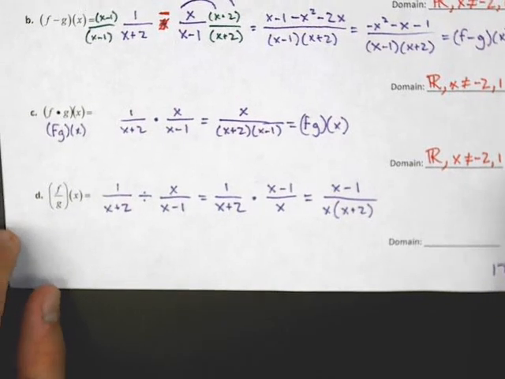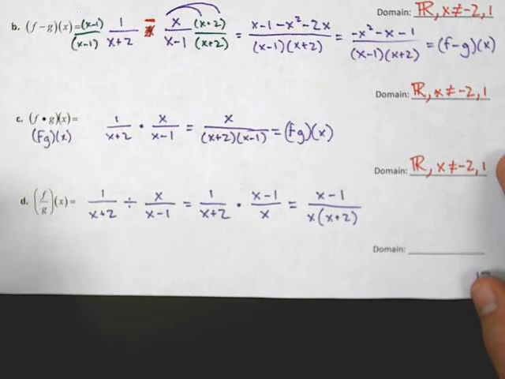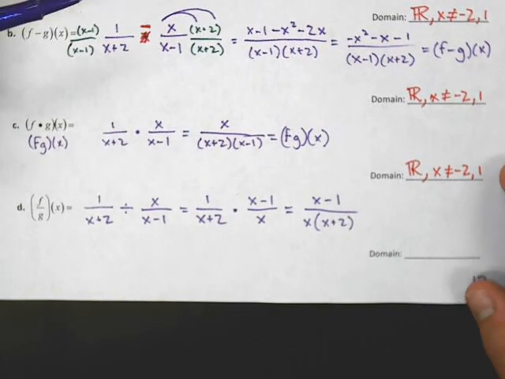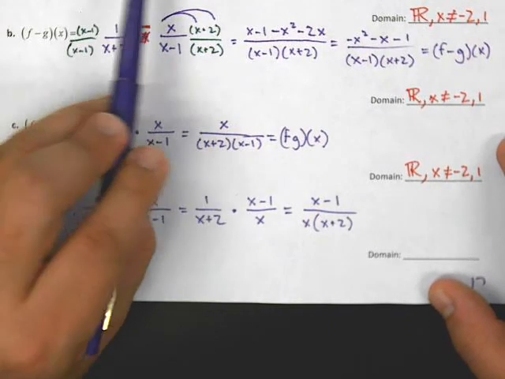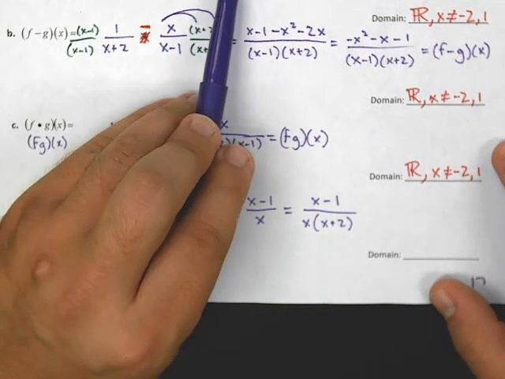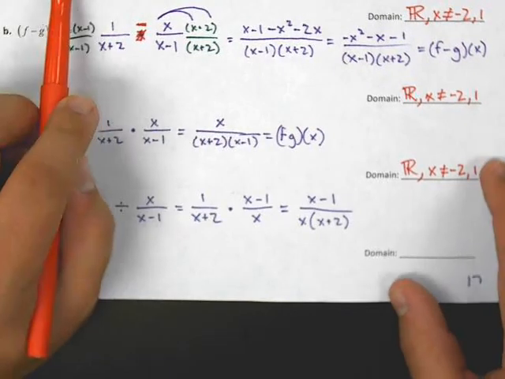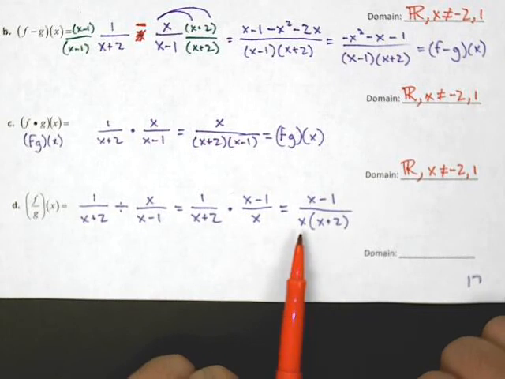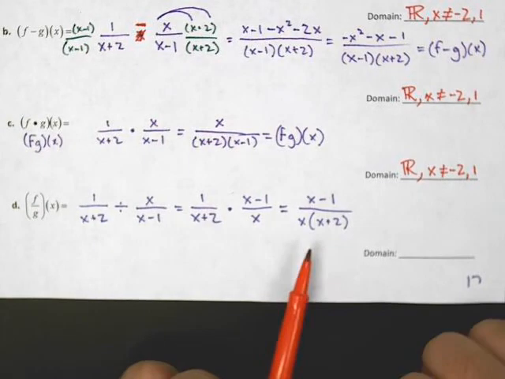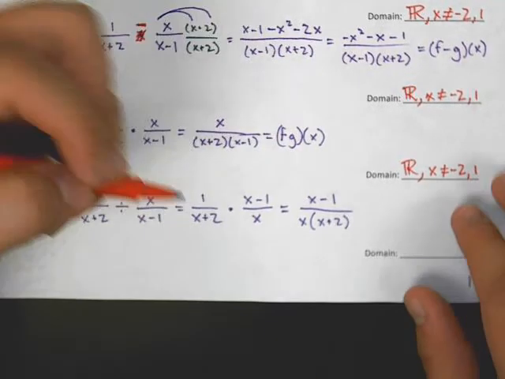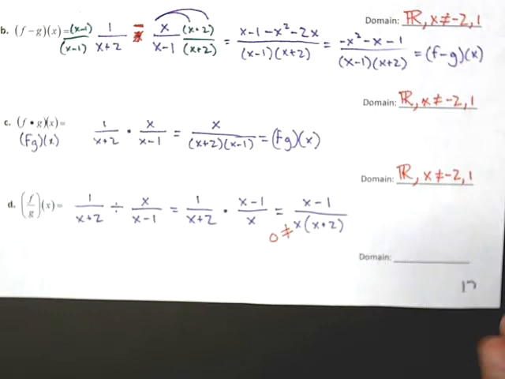Alright, so let's think about this. We know from the very, very original g function that x cannot be positive 1. So that still holds true. Same thing with this negative 2. What happened here, though? We have a new factor in the denominator that we have to worry about, right? We now also know that x cannot equal 0.